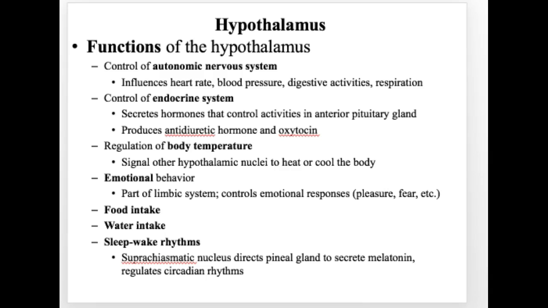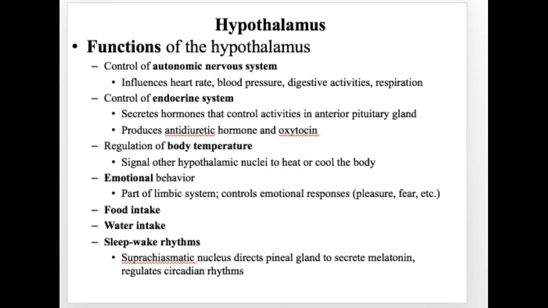The hypothalamus is an important region in the control of the autonomic nervous system. It influences heart rate, blood pressure, digestive activities, and respiration. It's also important in the control of the endocrine system. It secretes hormones that control activities in the anterior pituitary gland and produces antidiuretic hormone and oxytocin.